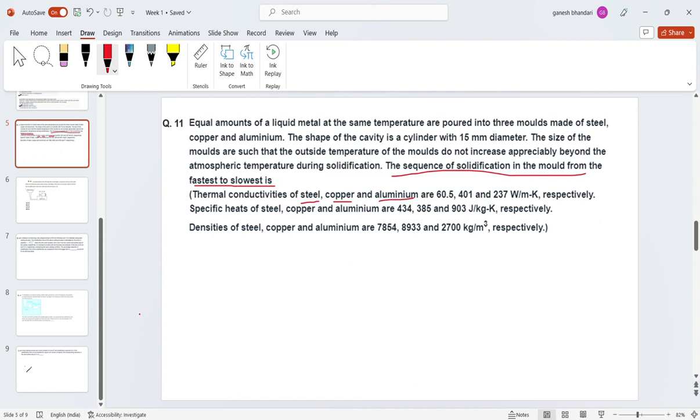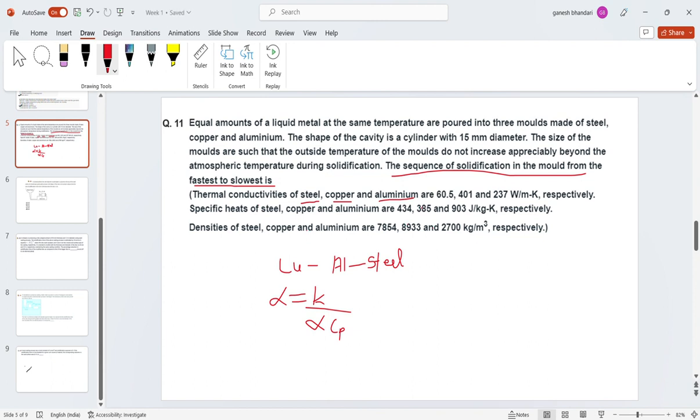Yeah, right. That is the correct answer. The sequence will be copper followed by aluminum, and then steel will come. These are determined from this relation: alpha is K by rho Cp.